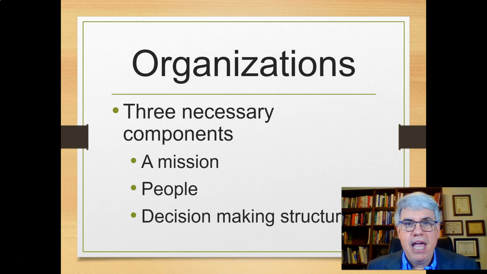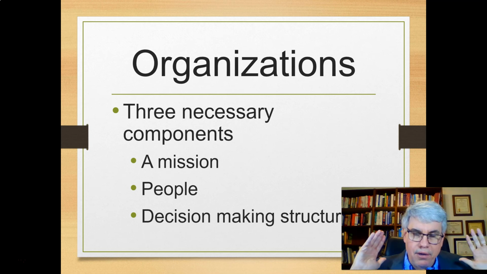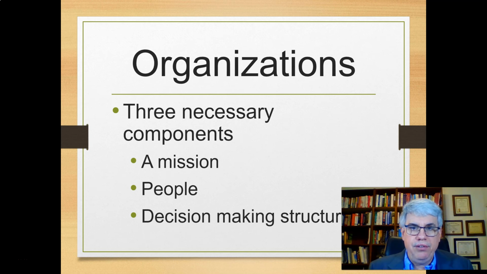Or for APU, I think our mission statement is to create Christ-centered scholars and practitioners, or something like that. But there's some purpose to what we're doing. We're not just doing things randomly, but an organization needs to be doing something intentionally. The second component for an organization is that there needs to be people.